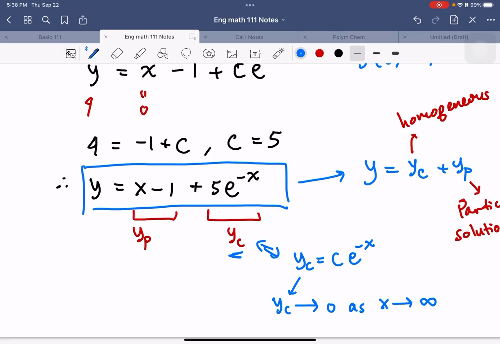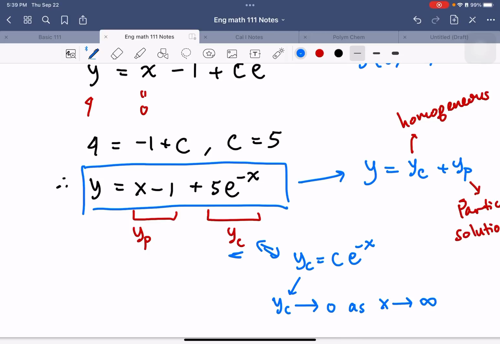So for yp and yc, if you want to make sure which one is which, one thing you can do is try several x values, increasing x larger and larger. If you see some part of the solution goes to 0, then that will be your homogeneous one, and the other one is yp.